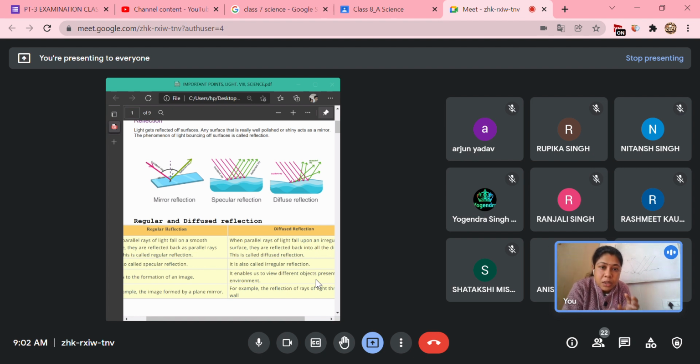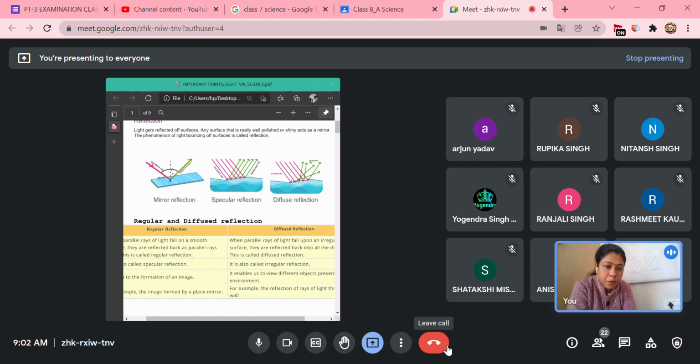Instead, the reflected rays from the tube light get scattered into the room, and the total room is lighted. This is the benefit of diffuse reflection: you are able to see each and everything around you. Is it clear?